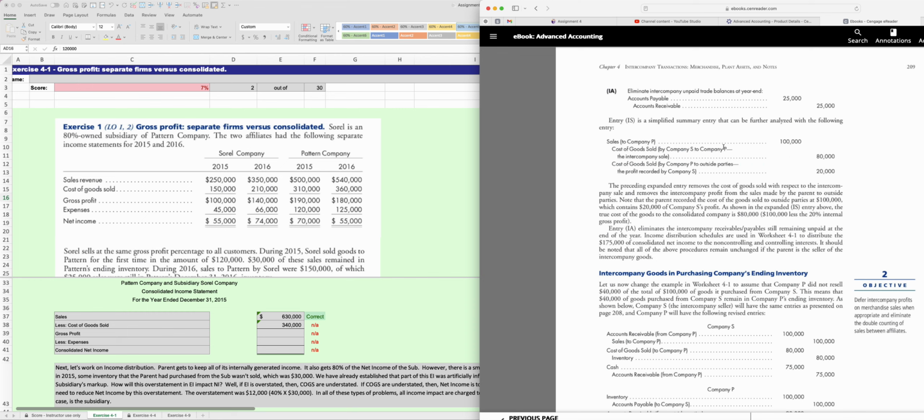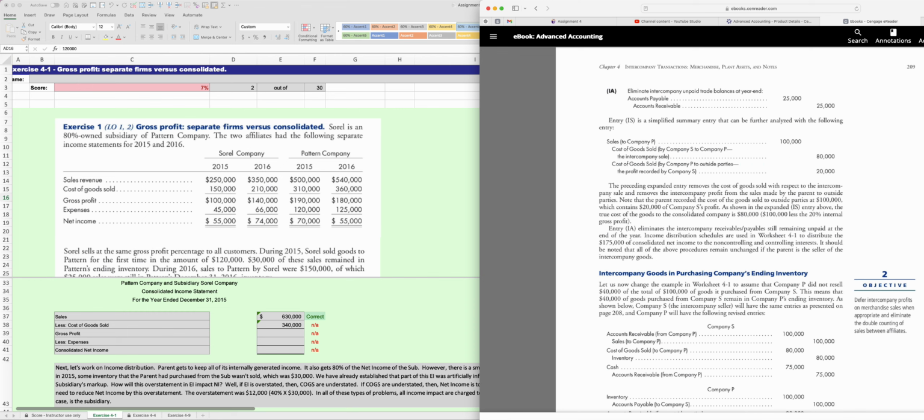So you can take a look at this right here a little bit more in detail. But what I just did, the elimination entry that I just did, the IS was this one right here on page 208, where the sales and cost of goods sold are the same amount. So far, we assume, with good reason, that all of the inventory that the parent company had purchased from its affiliate was sold.